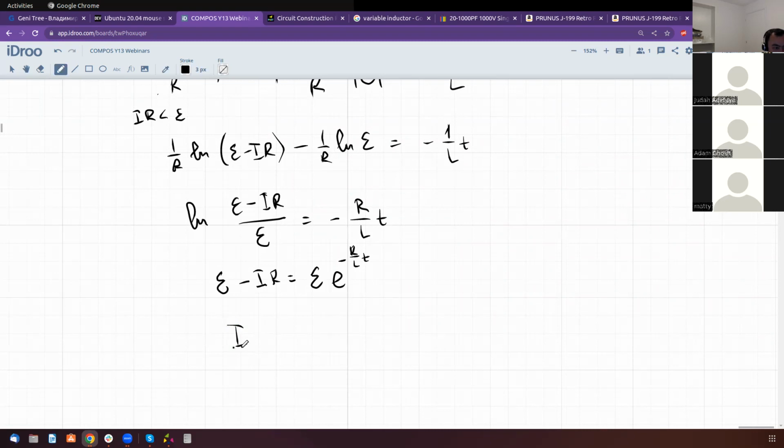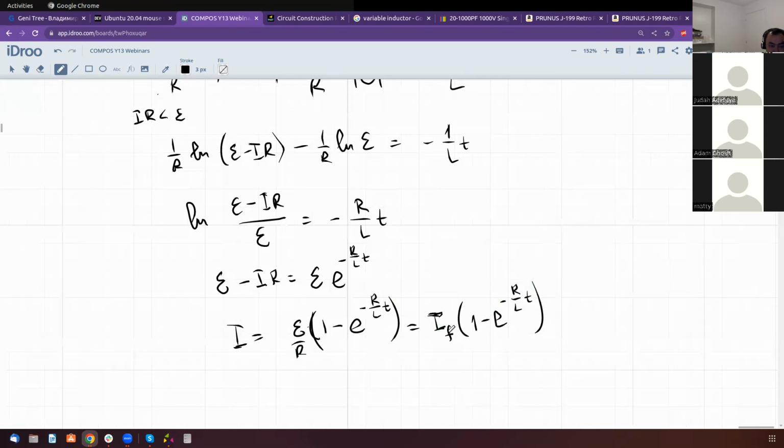So the current is EMF, open bracket, 1 minus e to the minus R over L t, over R. Or it could be written as I final multiplied by 1 minus e to the minus R over L t. Right, well, not I final, I stable, I0.